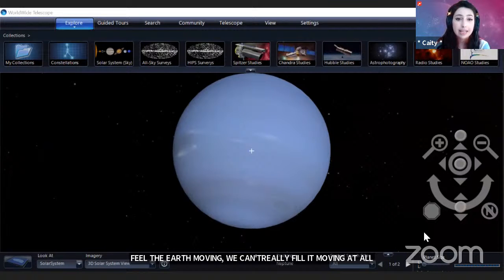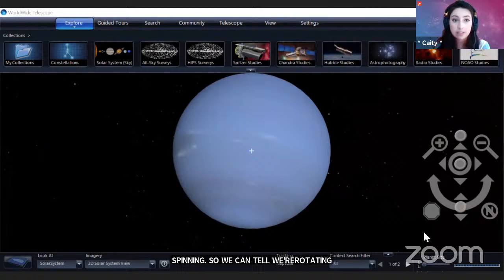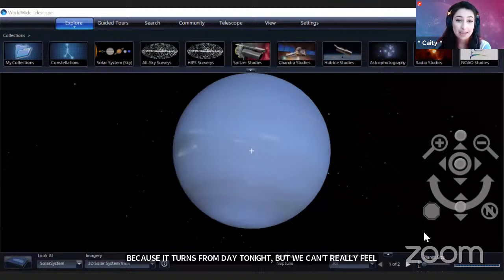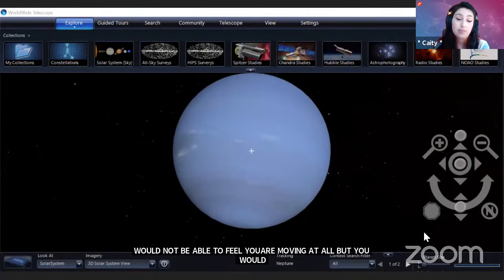If you were on Venus, it would be similar to that. You wouldn't be able to feel that you're moving at all, but you would notice a difference between how long it takes for it to change from day to night. It would take almost a year, or 2/3 of an Earth year, to actually see a change from day to night. So it'd be really weird.